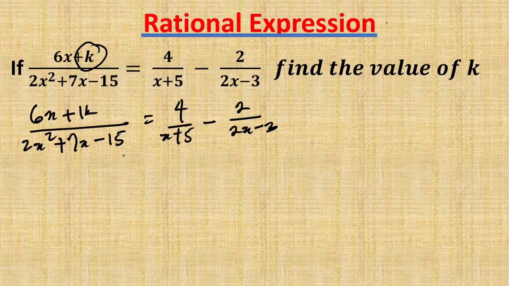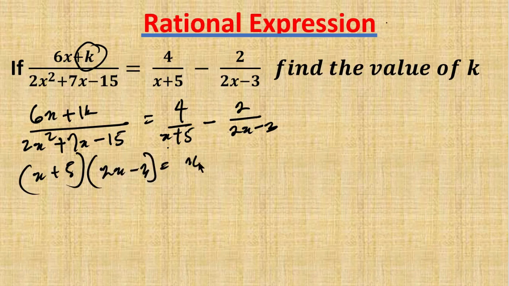Now, first and foremost, I want to check and see that 2x² + 7x − 15 was actually resolved into (x + 5) and (2x − 3). So what I'll do is just multiply (x + 5) into (2x − 3).